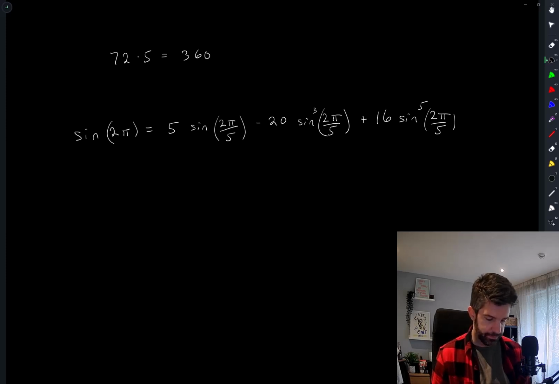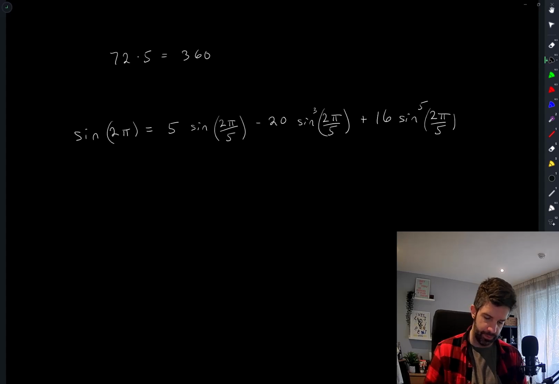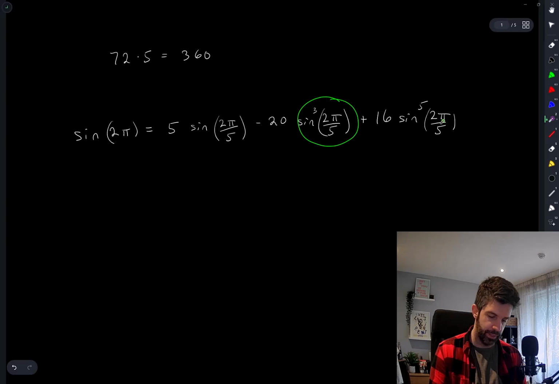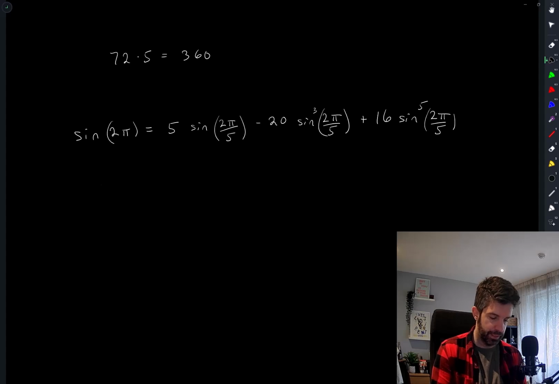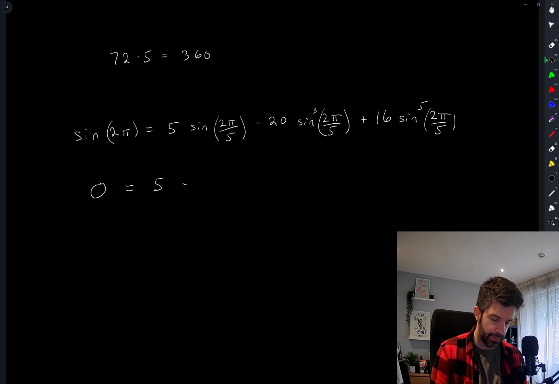Okay, so this is the thing I want to solve for, right? I want to solve for sine of 2 pi over 5. The left-hand side is 0. Sine of 2 pi is 0. I know that sine of 2 pi over 5 is not 0, so I can cancel a power of that everywhere.